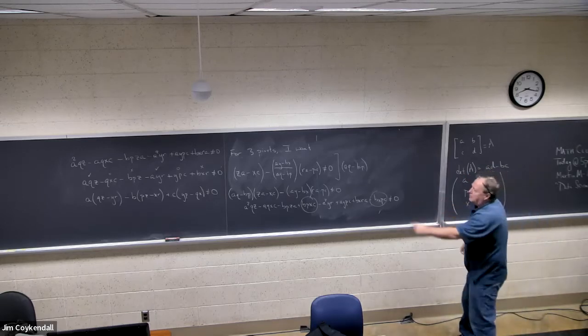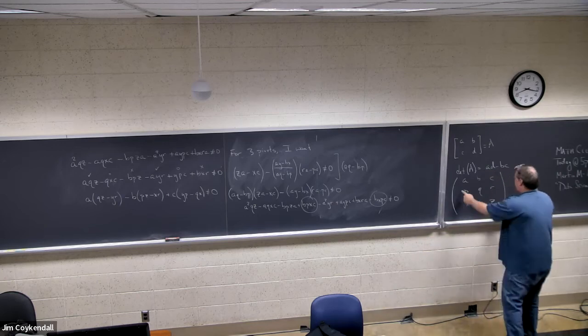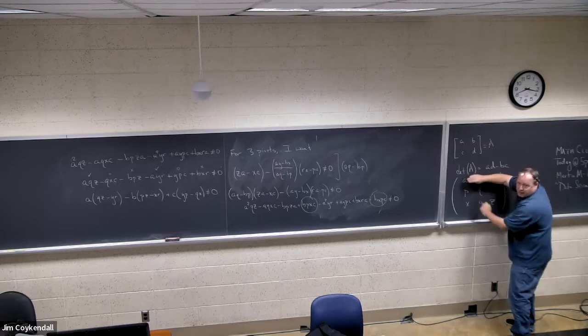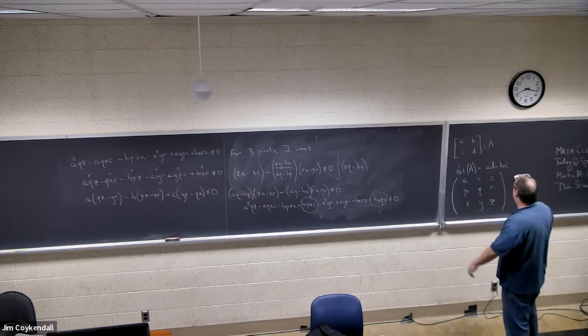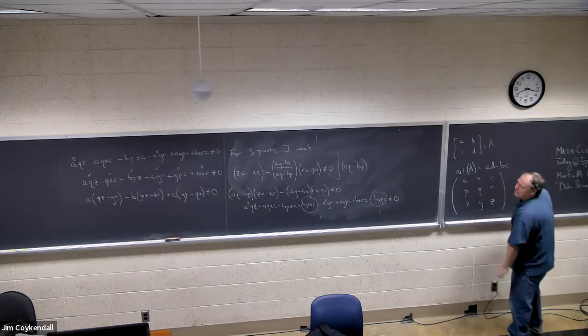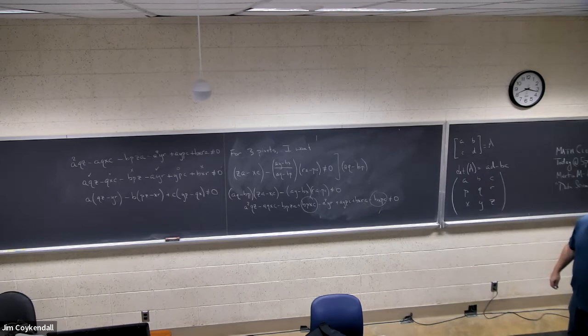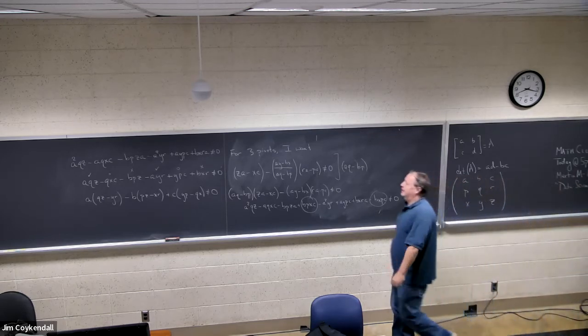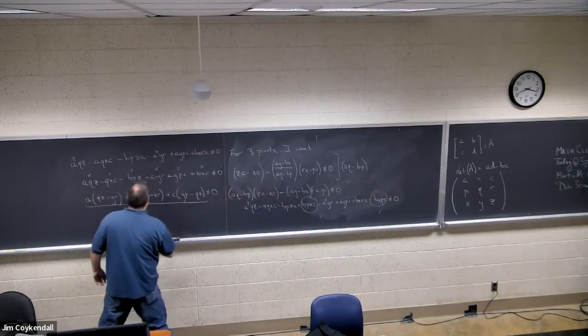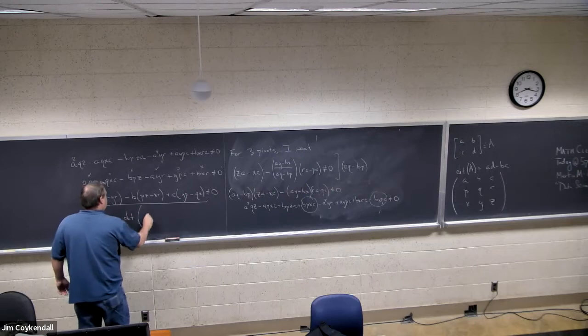If you look at what's multiplying B, it's PZ minus XR, which is the determinant of that matrix. It's off by sign, but it's the same thing. If you look at what C's multiplying, it's PY minus QX. And this thing right here is what we want: the determinant of this matrix.